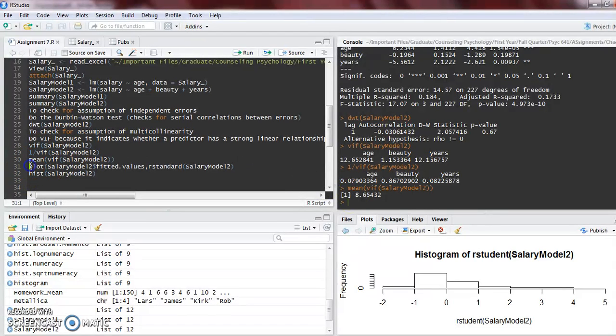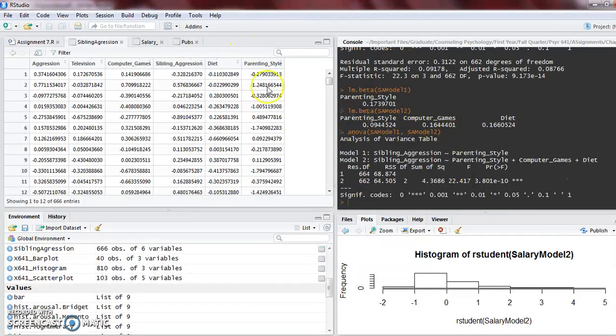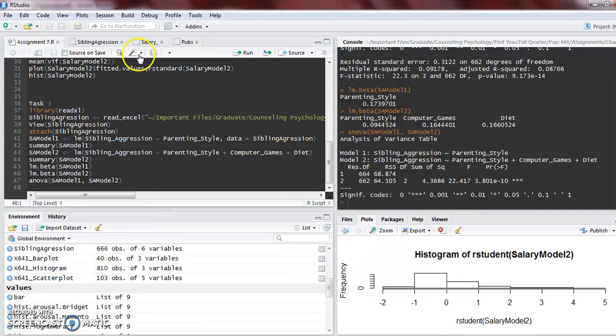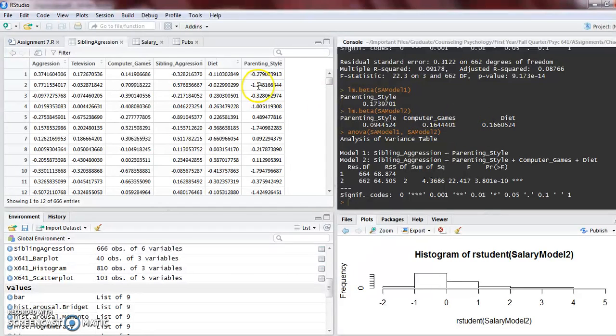Now, looking for homoscedasticity and linearity, we're going to plot some points. Okay, we're going to plot this. No, that's not what I wanted. Going to run this. Okay, so why is it giving me that?